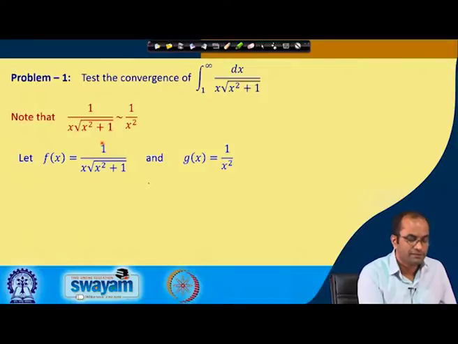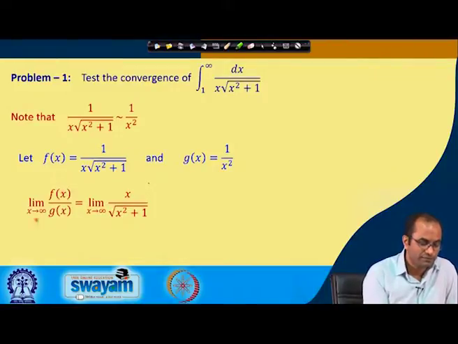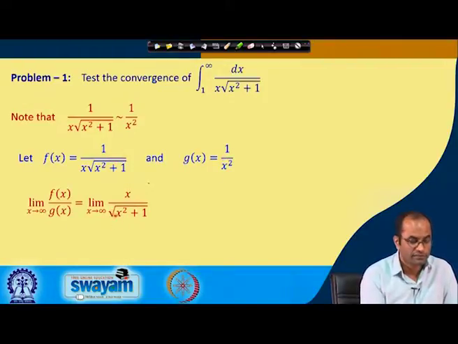We have f, which is the integrand 1 over x times the square root of x squared plus 1, and we will take g as 1 over x squared, because the behavior of this function is like 1 over x squared. The integral properties of this second function g are well known to us. Now if we compute the limit of f(x) over g(x), since g(x) is 1 over x squared, the x squared will cancel out.